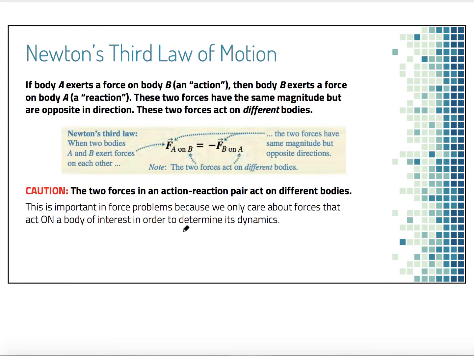So even though it's kind of odd to say that one force on an object is equal to the same force acting toward the other object, so if we have an A and a B, even though the force between these two from the other object is the same, there could be other forces that are preventing it from moving or even allowing it to move in some cases. It's very odd to think, but we typically only care about forces that act on a single body that we're interested in at a time. So let's see what that looks like.